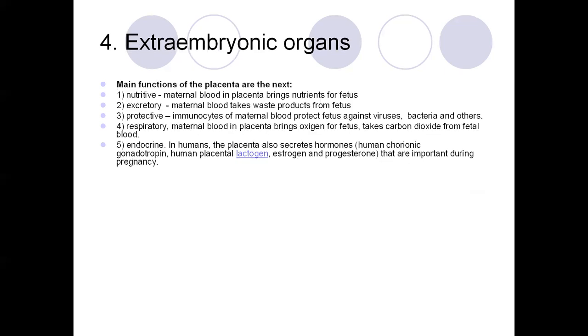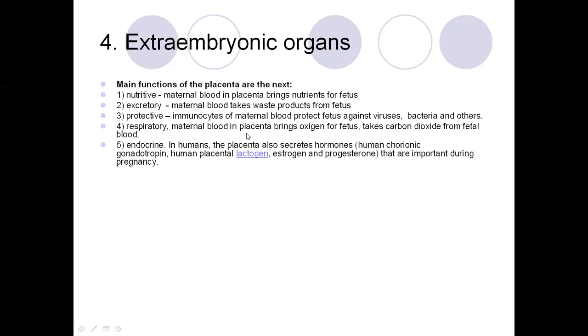The main functions of the placenta are the next. The nutritive function: maternal blood in the placenta brings nutrients to the fetal blood. Excretory function: maternal blood takes waste products and metabolites from the fetal blood. Protective function: immunocytes of maternal blood protect the fetus against viruses, bacteria, and other infections.